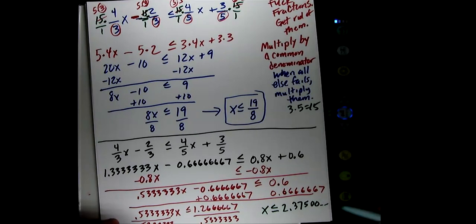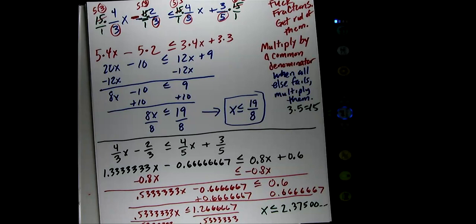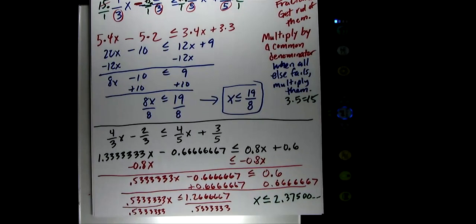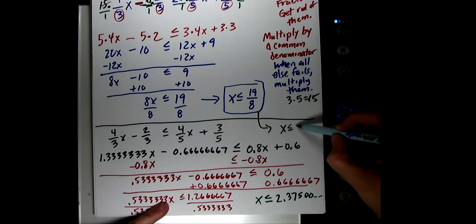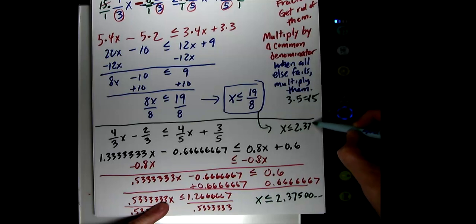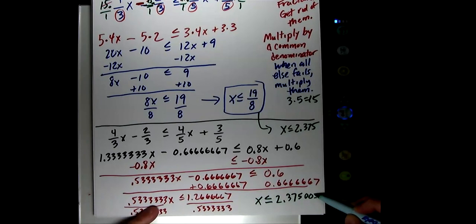Would those matter? Do you have to put those in there? Depends on what your answer wants you to round to. What is 19 divided by 8? Exactly 2.375 with no extra stuff. There was a 2 and some other stuff.